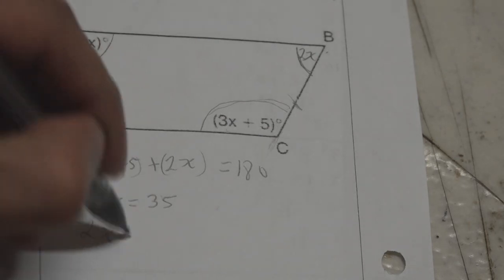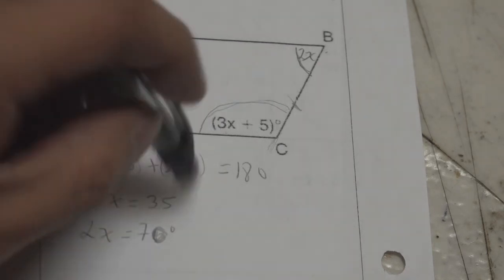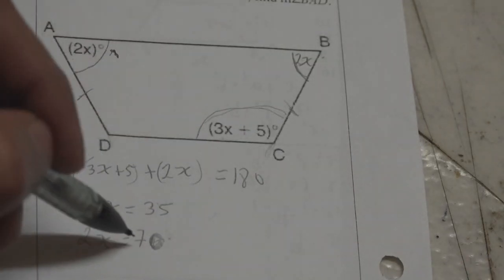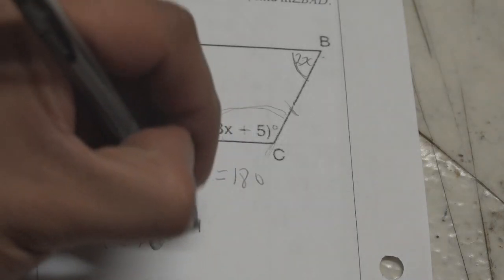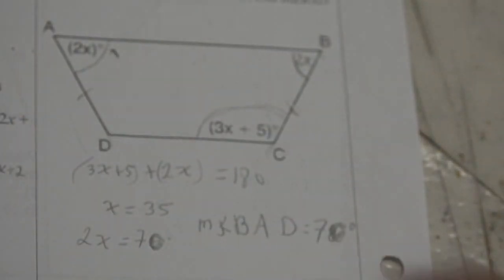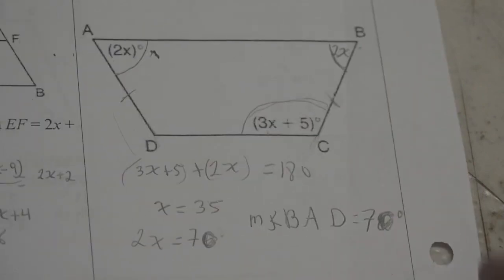So 2x is 70. Just 70. And now, the measure of angle BAD is 70 degrees. Nobody can beat you. Of course not. All right, then. So let us move on to our next problem.